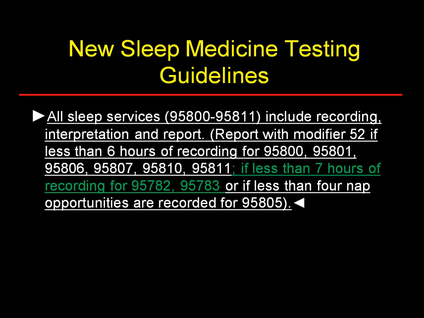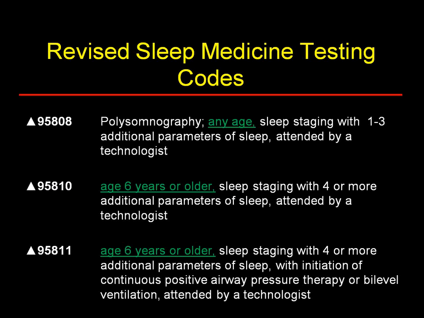Anything less than 7 hours of recording would be an incomplete study and need to be reported with a modifier 52. Similarly, the adult studies have that same requirement with an inadequate recording time, but it is maintained at 6 hours. Next slide.